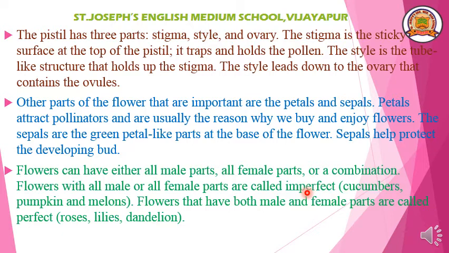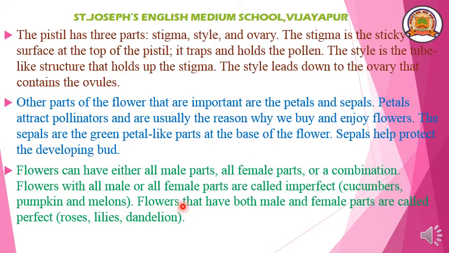At a higher level we can call them bisexual or unisexual flowers, but that is the next level. Here we are going to consider two types. Imperfect means they have either a male part or a female part. Such flowers are called imperfect flowers. Examples are cucumbers, pumpkins and melons.